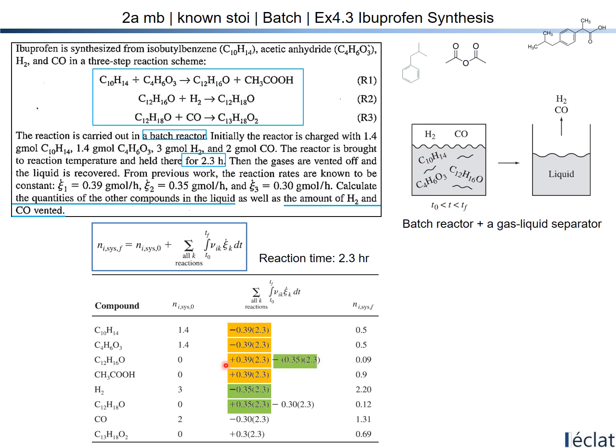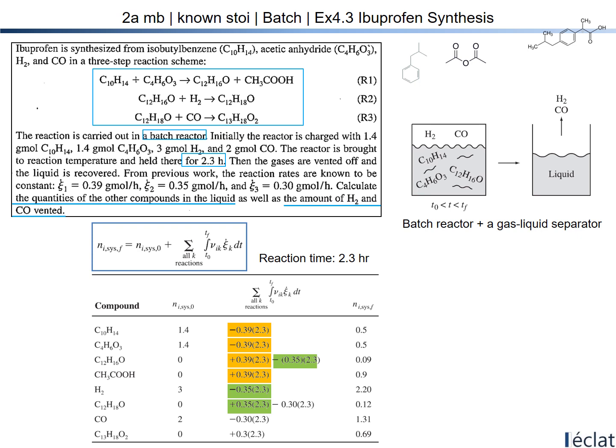So the resultant value coming from those calculations is about 0.09 moles for the final amount existing inside of the reactor. In this way we could calculate the values of each compound in the reactor after 2.3 hours.